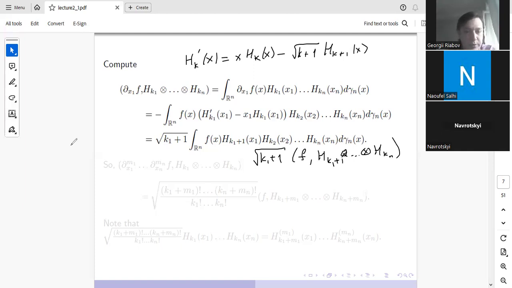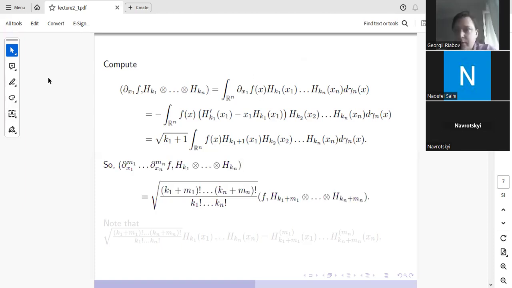Okay, if we do this many times, we get the following relation. The derivative of f, its inner product with a Hermite polynomial reduces to the following. It's the product of f with a Hermite polynomial in which for each component the index increases.